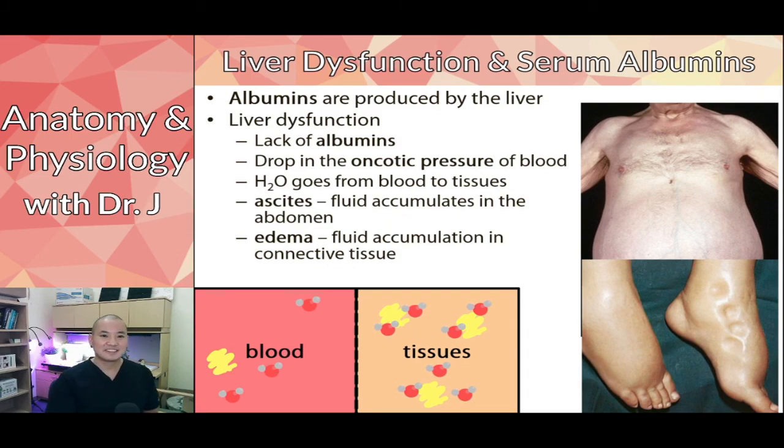So how do you treat this? I think this is something we're going to cover in the next exam when we talk about your arteries and veins, or actually even in exam 3 when we talk about the urinary system and fluid balance. Notice that osmosis is involved in all of this.